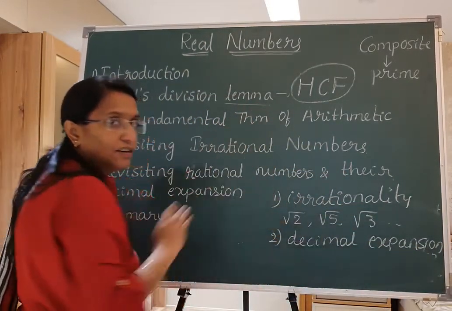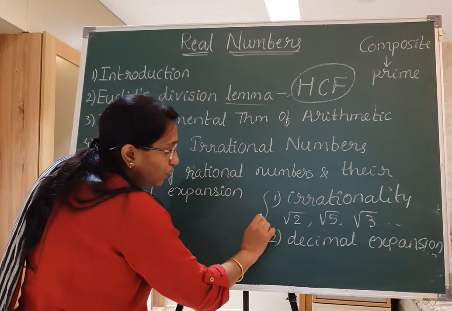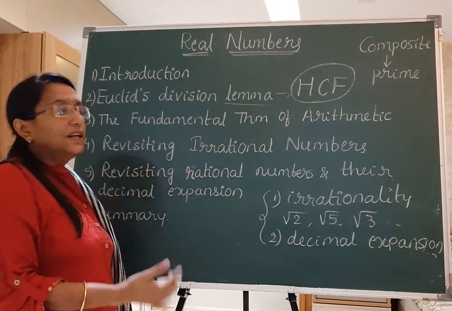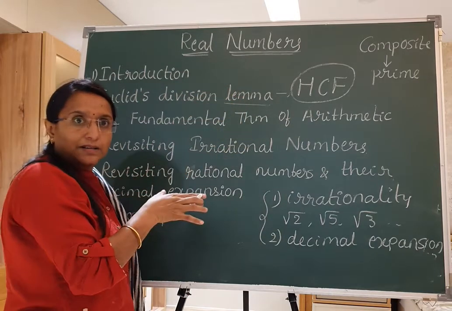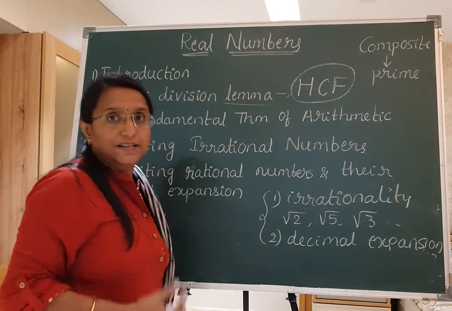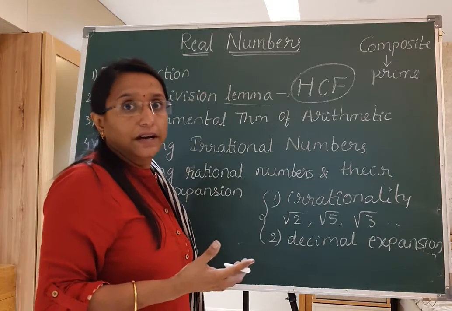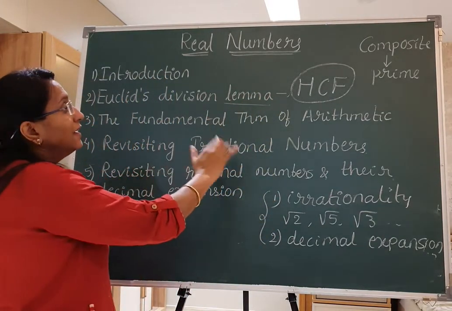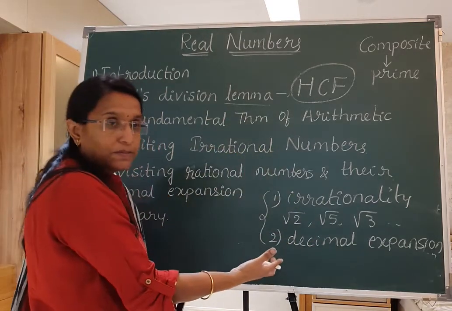So these are the two important applications of this theorem. Whenever you study some concept in mathematics, you should know why we are studying it and what the use of it is. So now you know the application, and then you can solve the problems.